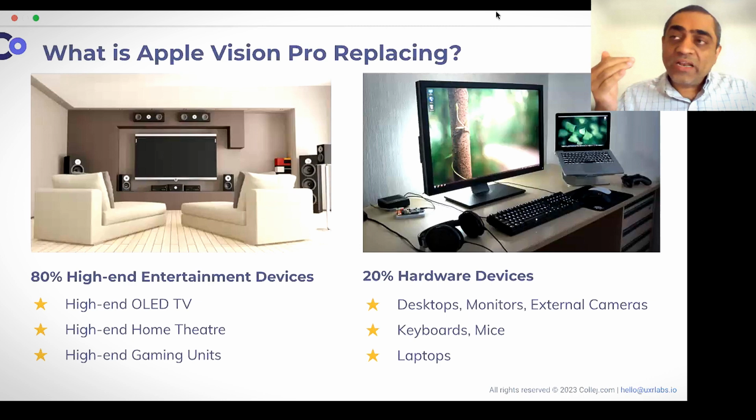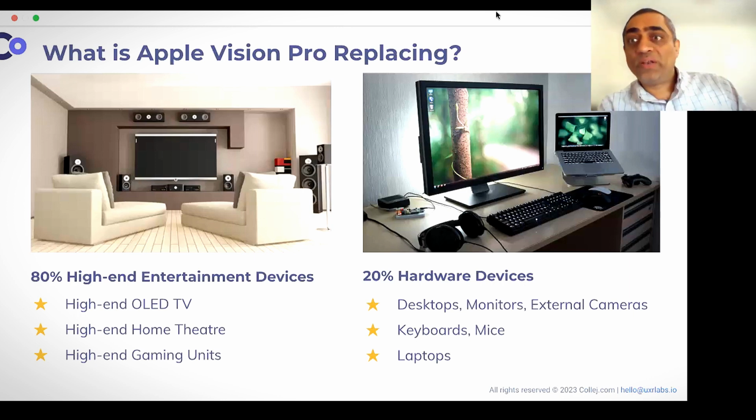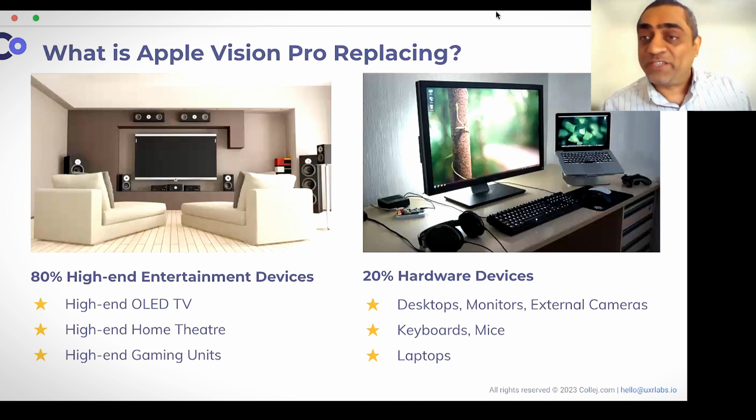Now, if you look at also the way they pitched it, okay, that is also another interesting aspect. The way they pitched it was, they didn't pitch it as, hey, you can go out and you can be walking around with this headset. They pitched it as you would be sitting in your home and doing your office work, or you would be getting entertained. So there is that aspect of a home office, or a work office kind of a thing.